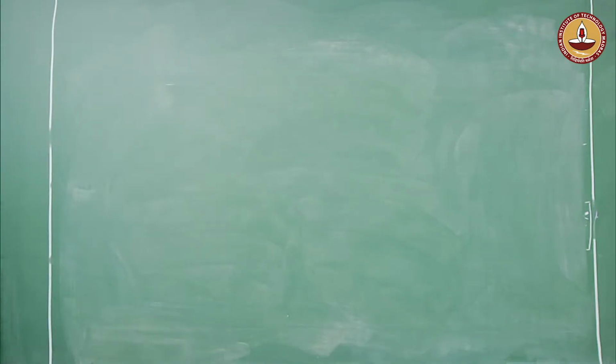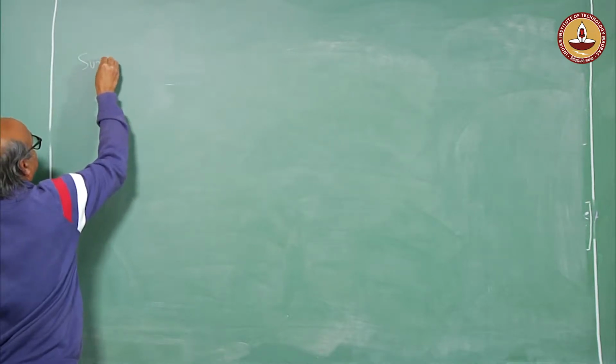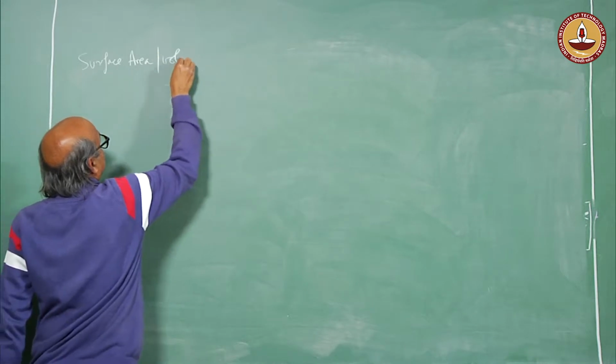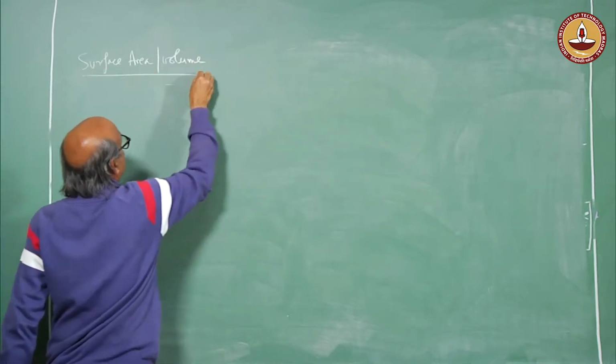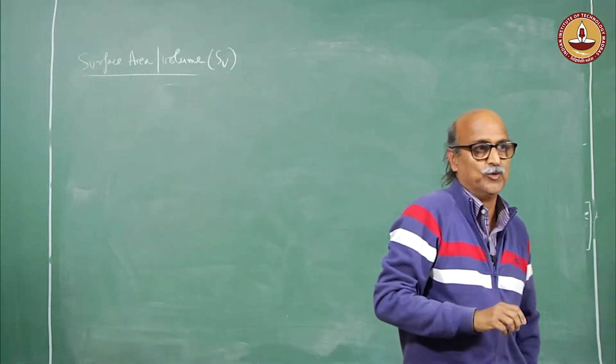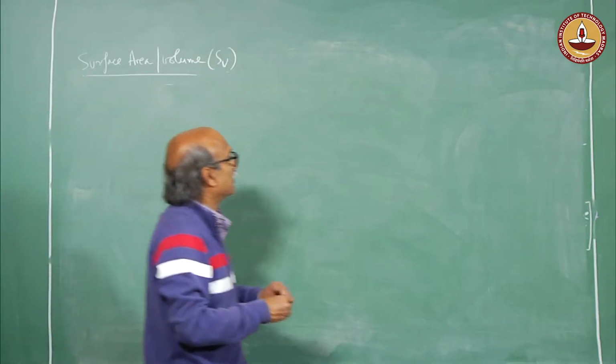So, after volume fraction, let us look at surface area per unit volume estimation. Let us consider a polycrystalline microstructure.